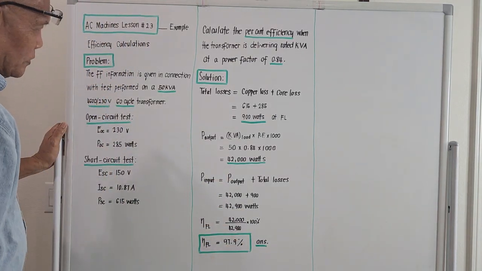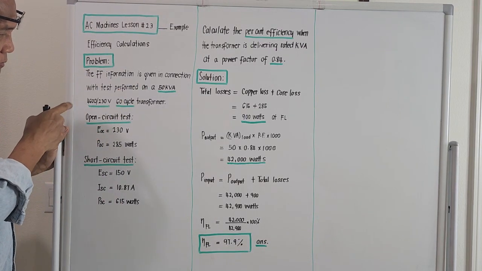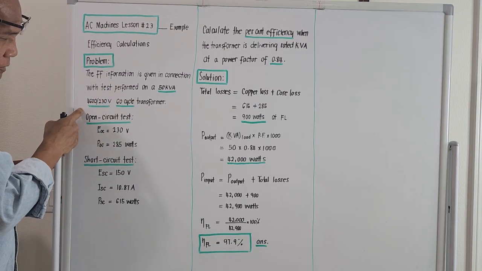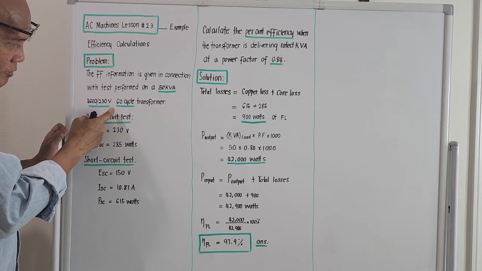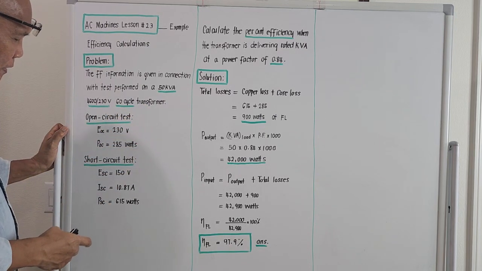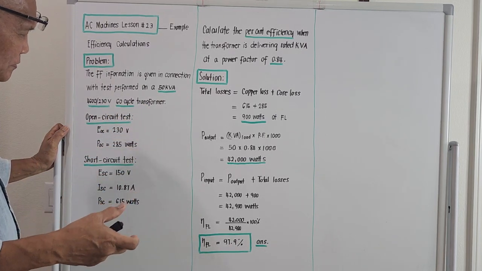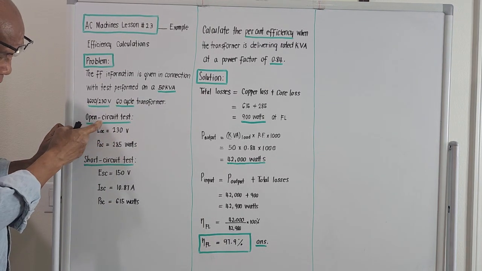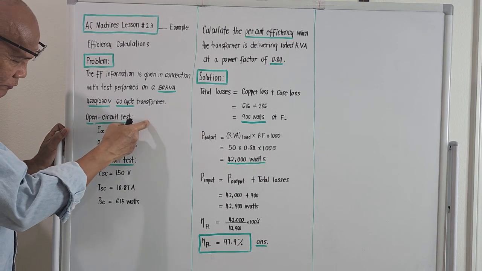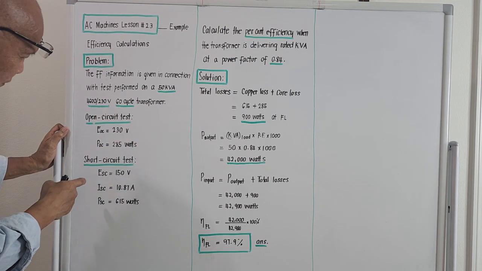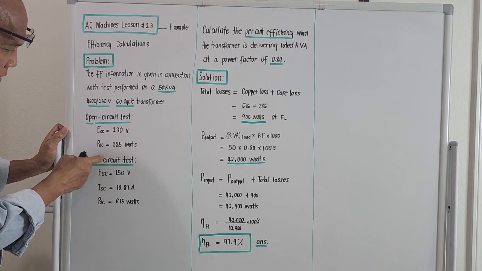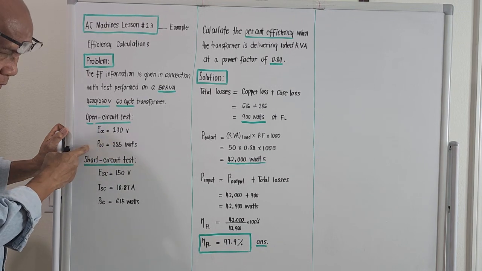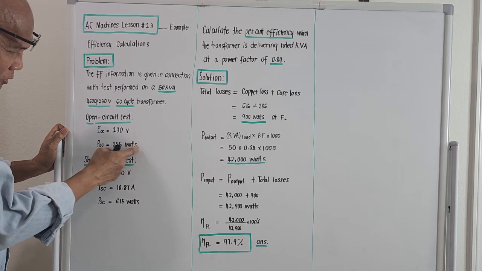The following information is given in connection with the test performed on a 50 kVA, 4600/230 volt, 60 cycle transformer. The open circuit test values are: E_OC, the open circuit voltage, is 230 volts. P_OC, meaning open circuit power, is equal to 250 watts.